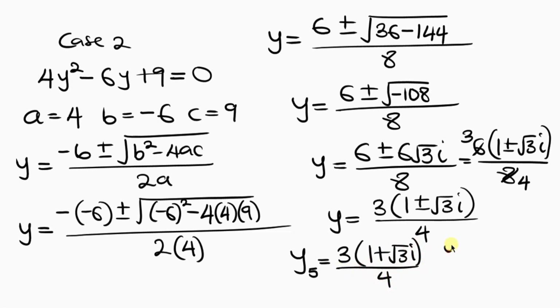And then the sixth value of y is 3 times 1 minus root 3i all over 4, this time going with the negative. Good. So we have in total 4 complex solutions and 2 real solutions.